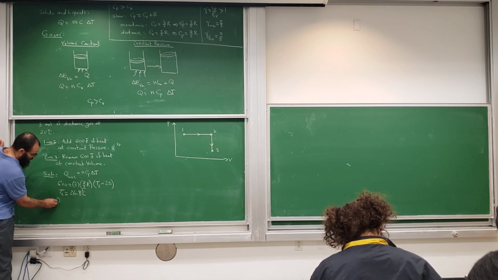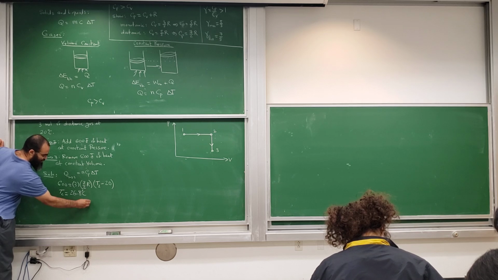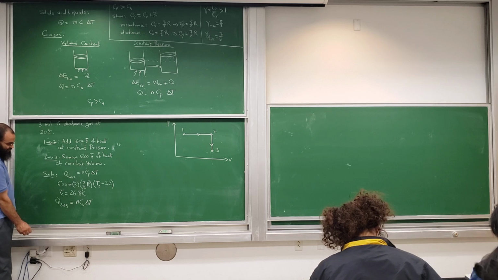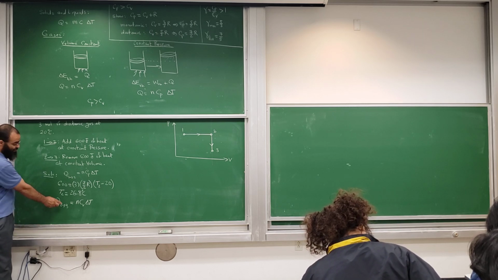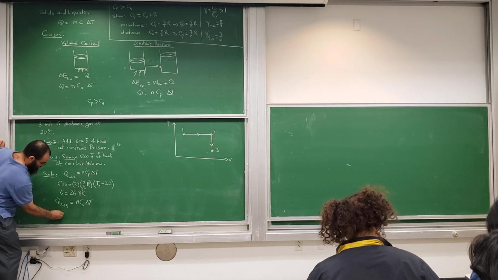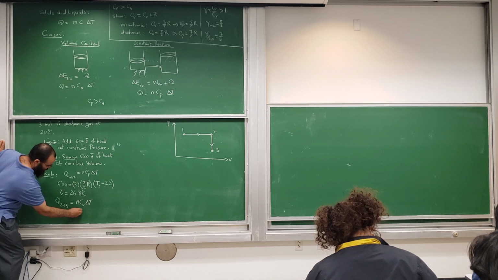So for the Q from 2 to 3, it's going to be n CV delta T. And what should I put for Q? Because we removed heat, it should be minus. Yes, we removed 600 joules, so minus 600. n is again 3.